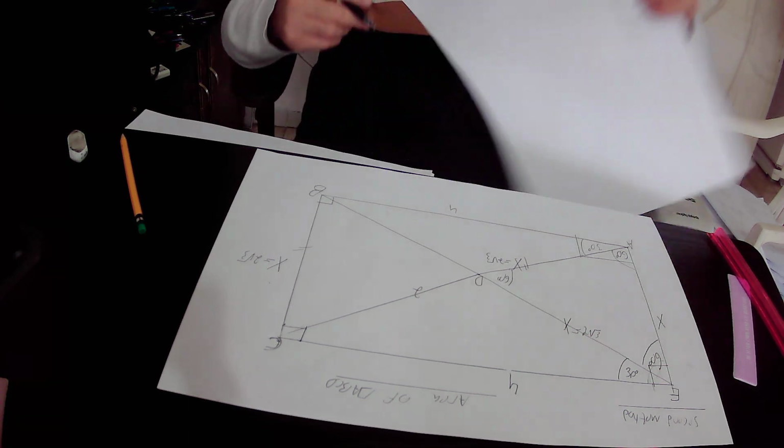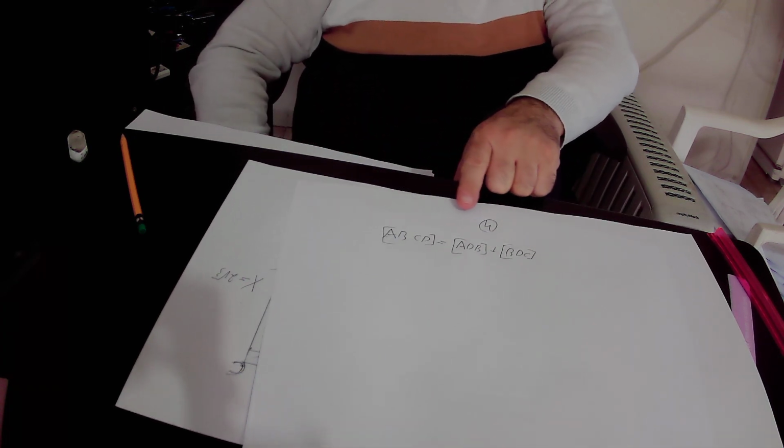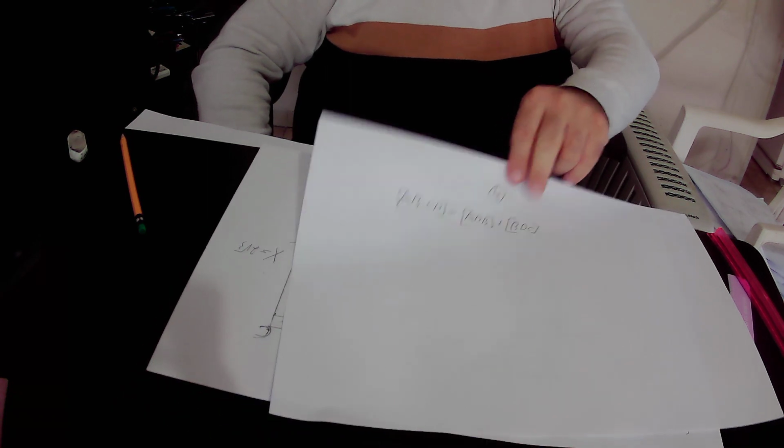I'll repeat again. The area of quadrilateral ABCD equals the area of triangle ADB plus the area of triangle BDC.